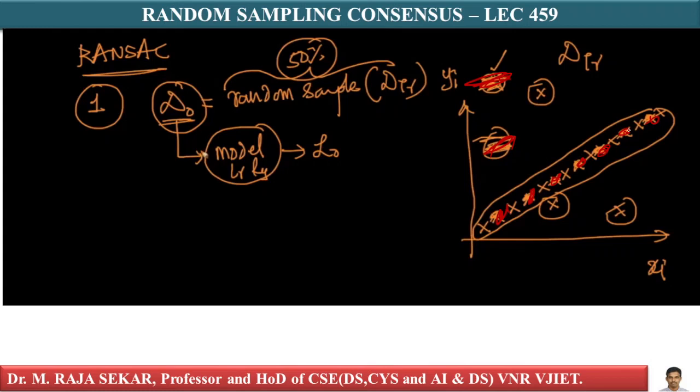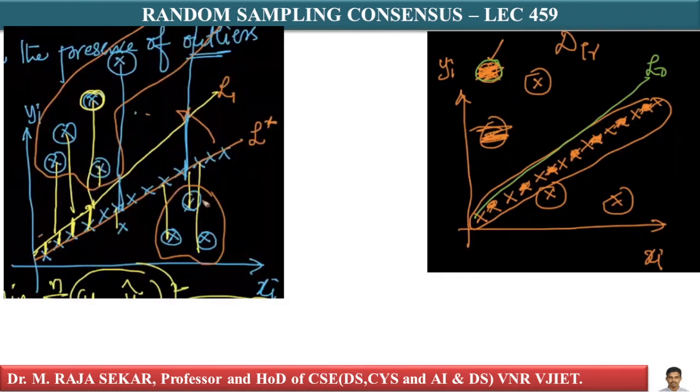So I strike out these points which are not in my sample. Now when I build a linear regression model on top of it, I would get a line which is less impacted by some outliers, and not all outliers.